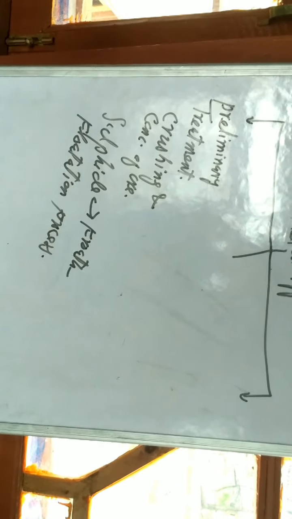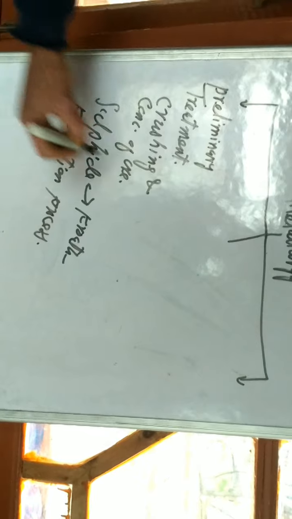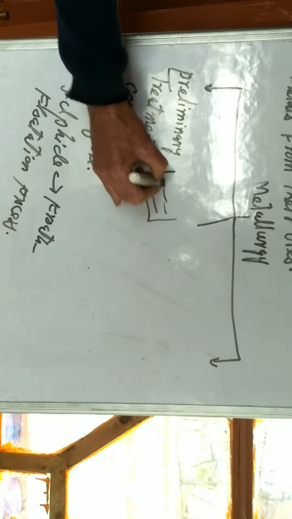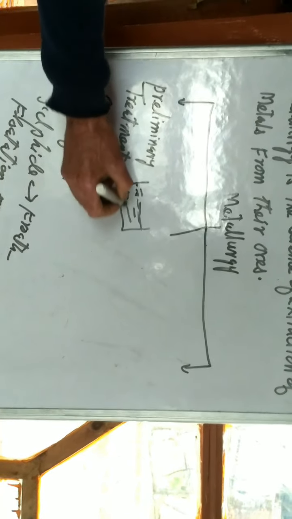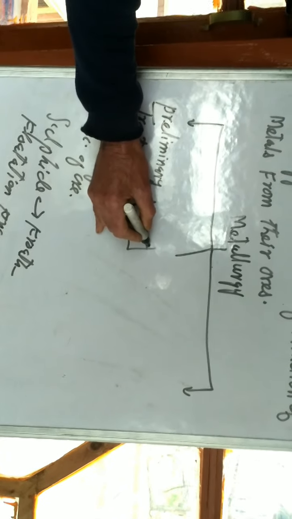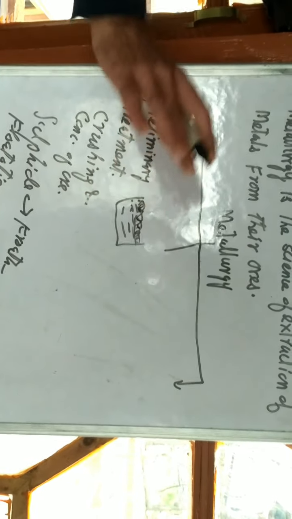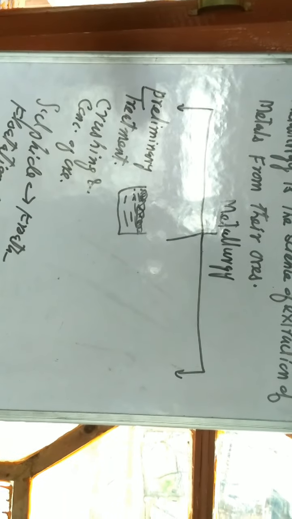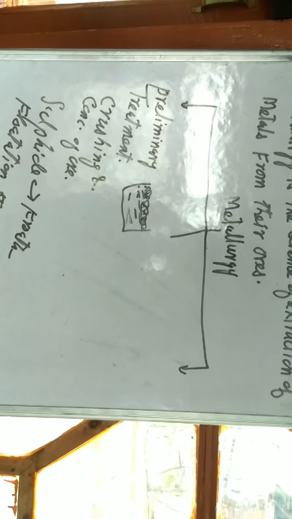We mix the powdered crushed ore in a tank like this with water and pine oil, then agitate the mixture by blowing air through it. The sulfide ore, being lighter, comes to the top of the mixture in the form of froth. It is skimmed off and then smelted. Gangue remains at the bottom of the tank.